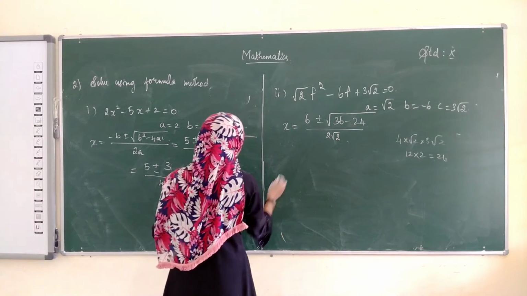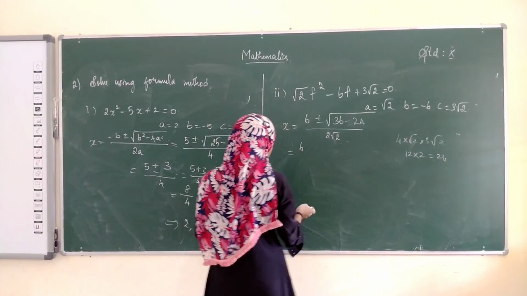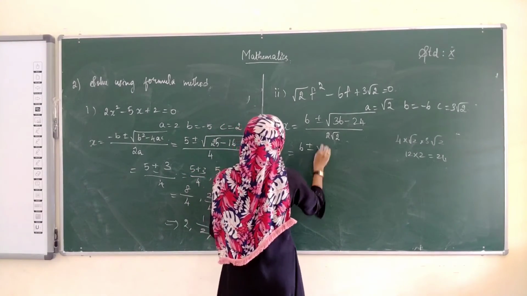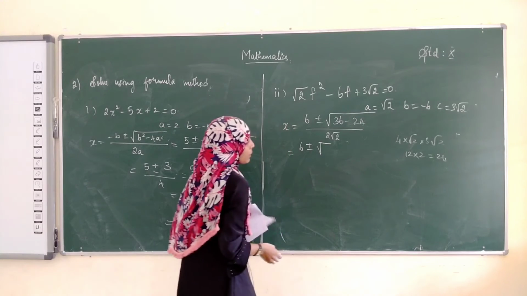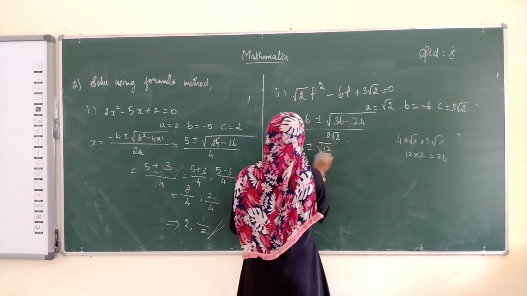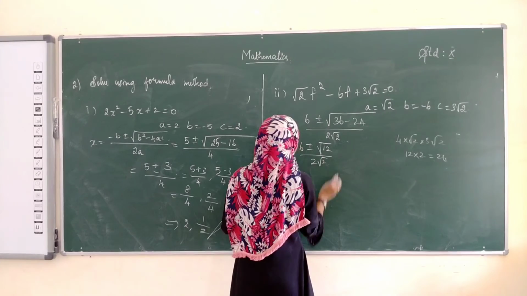See here 6 plus or minus, the value here is 36 minus 24 is 12, divided by 2 into root 2.